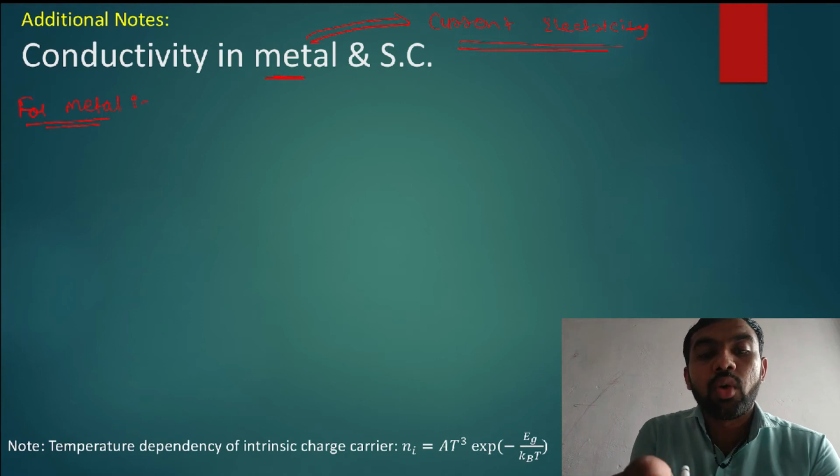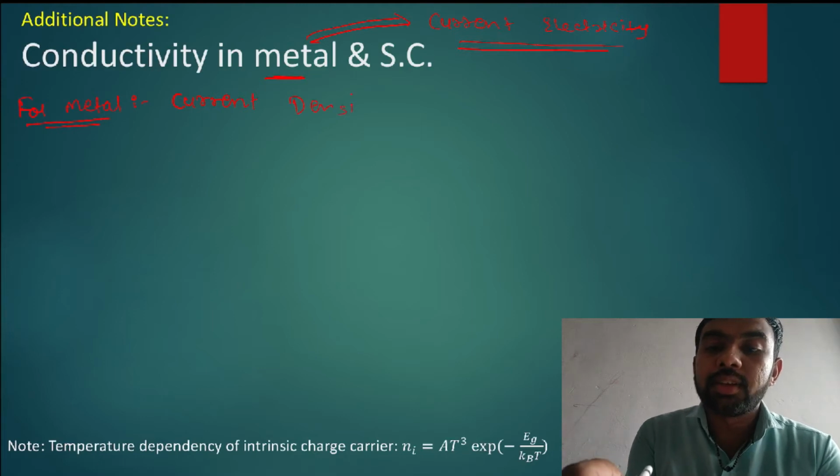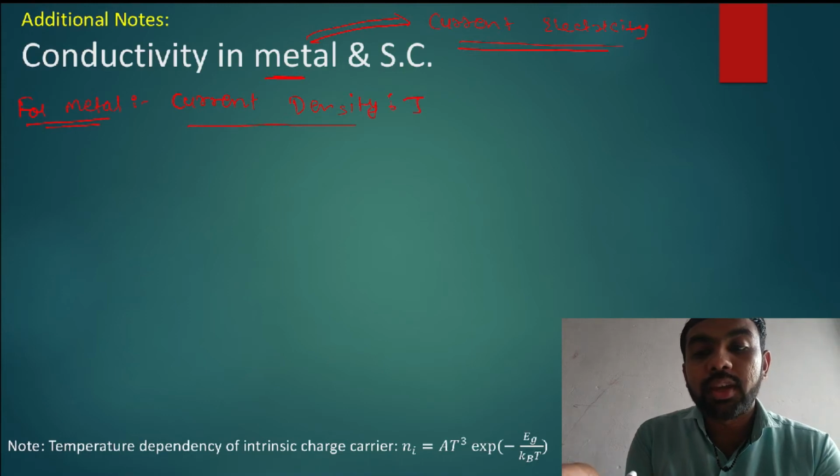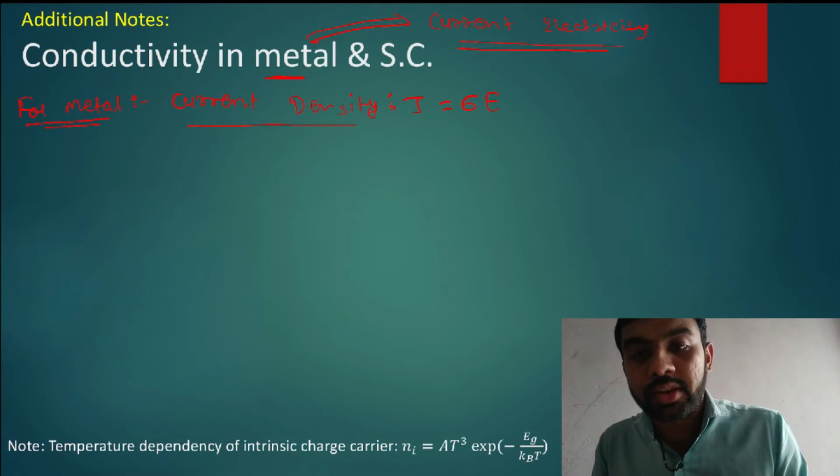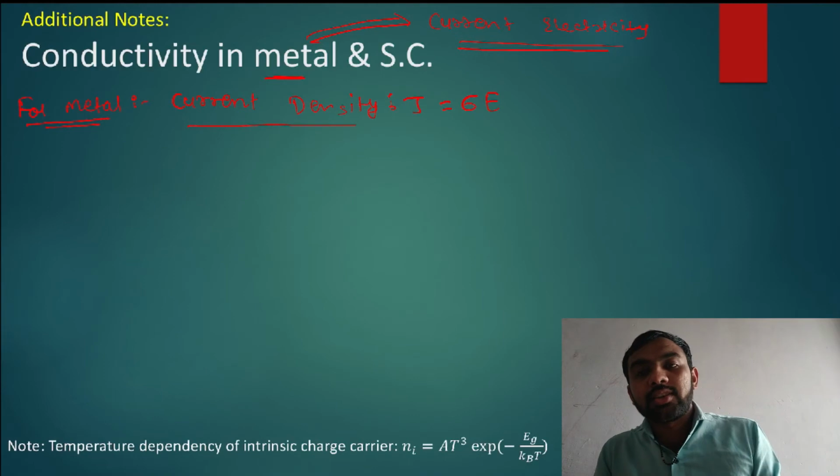Then we all know what current density is. Current density J is given by sigma E. You derived this relation in current electricity; we just write it directly here.